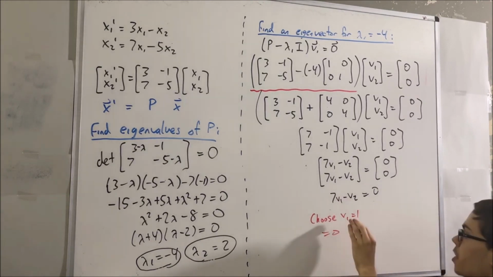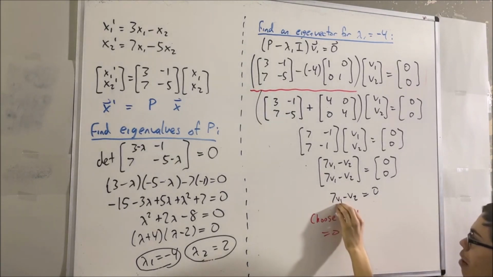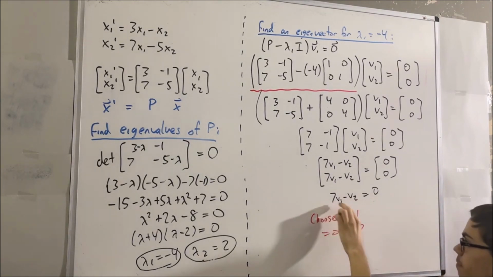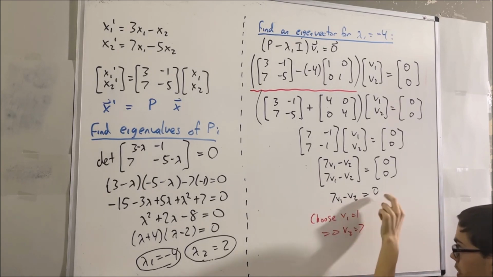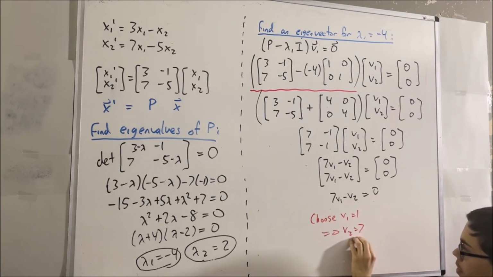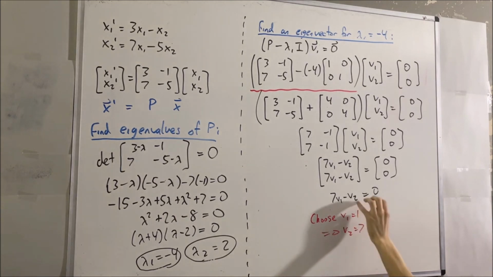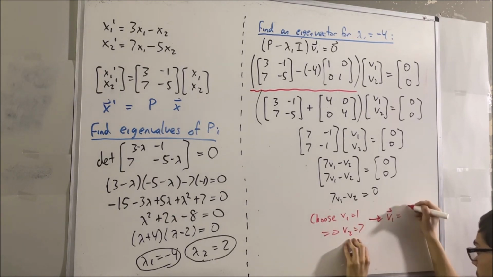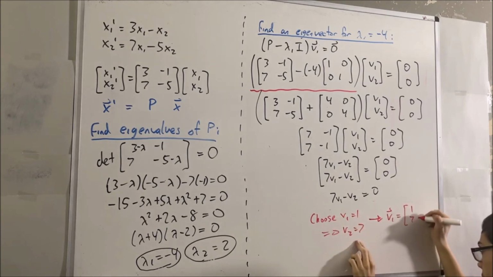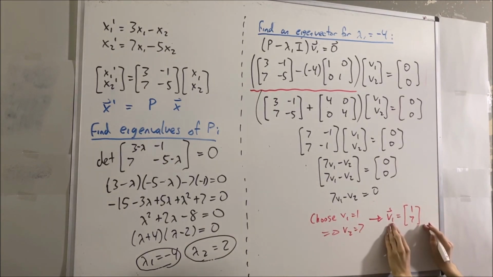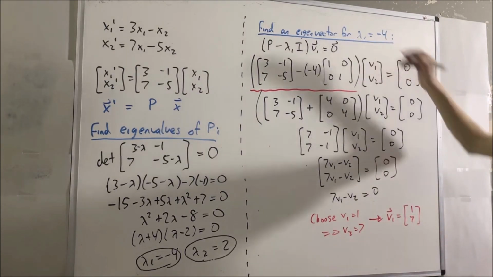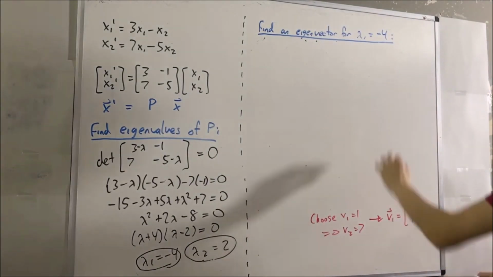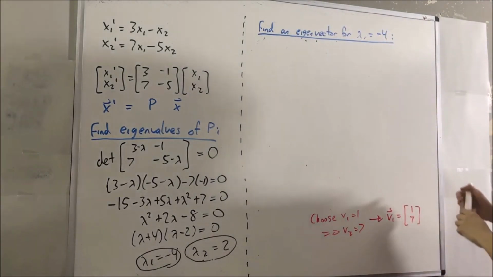If we choose V1 to equal 1, then V2 has to equal 7, because 7 times 1 minus 7 equals 0. So really, this pair for V1 and V2 satisfies this equation. And therefore, our eigenvector could be (1, 7). So this is an eigenvector corresponding to this eigenvalue. I'm actually just going to write these two things off to the side for safekeeping.